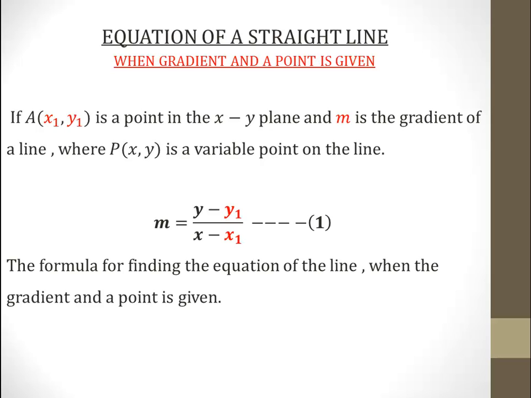So when you multiply through by the denominator, this is our final rule for finding the equation of the line when a gradient and a point is given. That is, y minus y1 equals m into bracket (x minus x1), where x and y are variable points, and then x1 and y1 are the point on the xy plane. Okay.